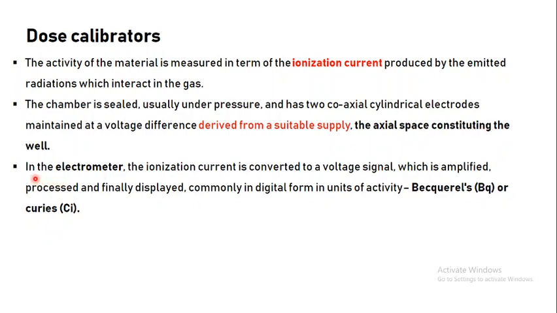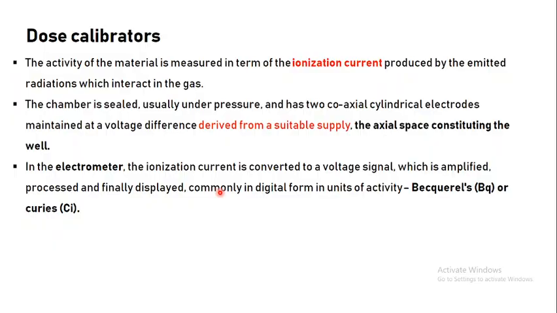In the electrometer, the ionizing current is converted to a voltage signal which is amplified, processed, and finally displayed, commonly in digital form as activity in becquerel or curie.